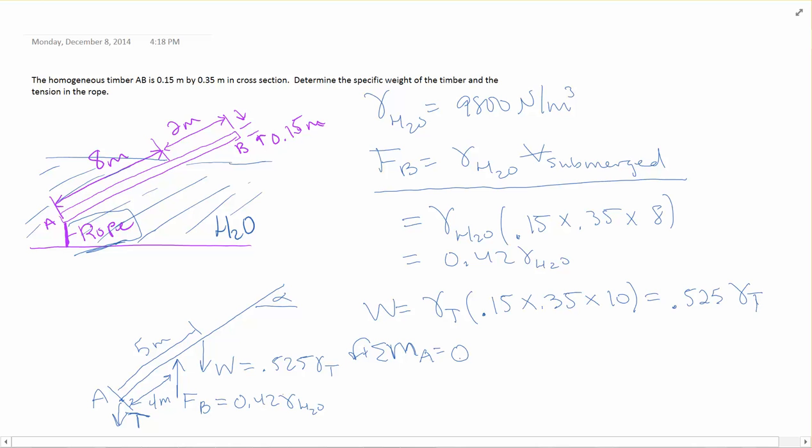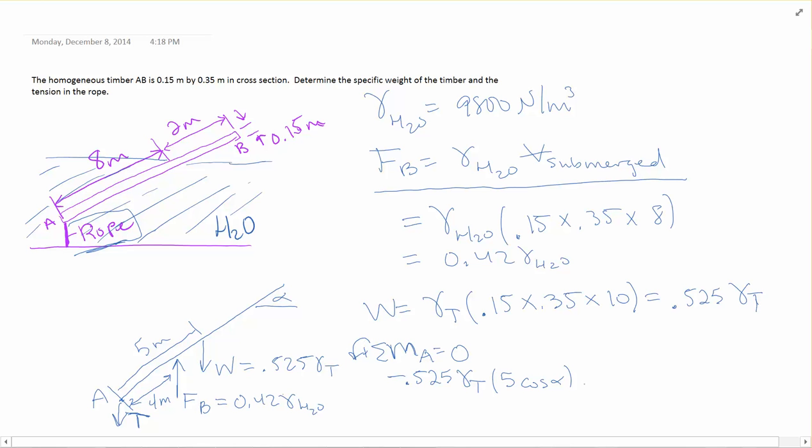And again, we want the summation of the moments to equal 0. Alright. So let's start with the weight first. That's going to be a negative moment because it's going to be clockwise. So we have negative 0.525 gamma T. And then we need a distance. That's a vertical force, so we need a horizontal distance. The horizontal distance will be 5 cosine alpha, whatever alpha is.